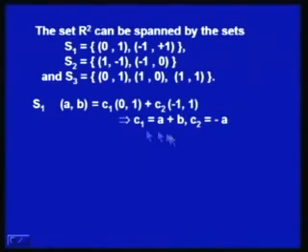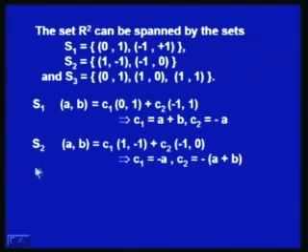If you solve it, then C1 is equal to A plus B and C2 is equal to minus A. Since we can find C1 and C2 in terms of the known A and B, this S1 can span R2.